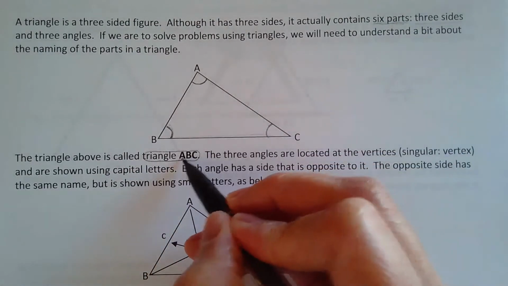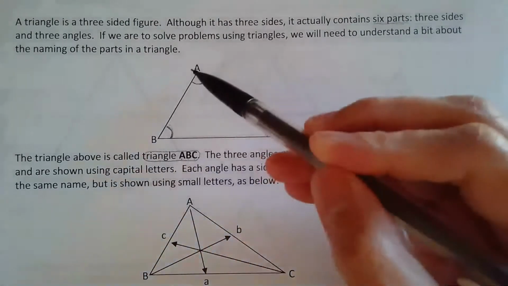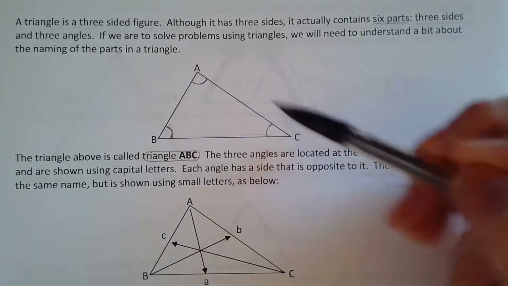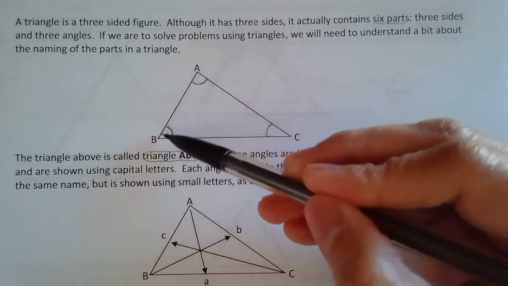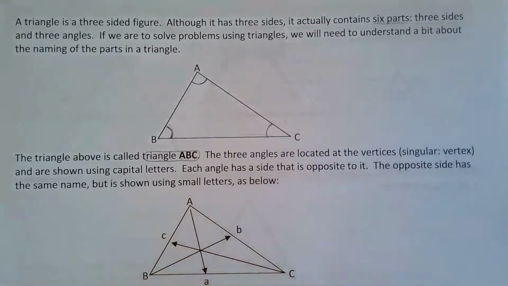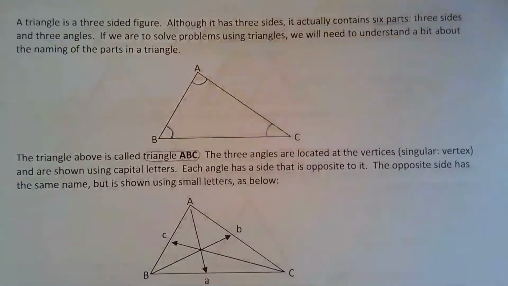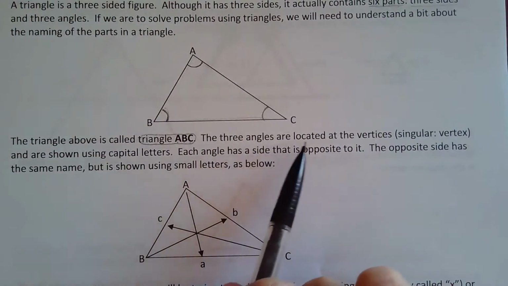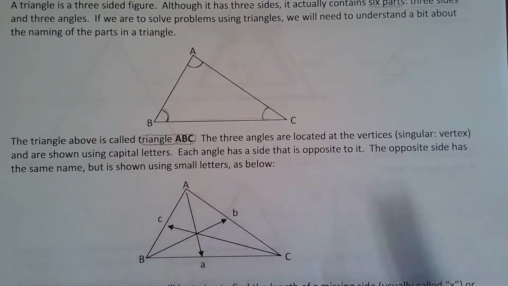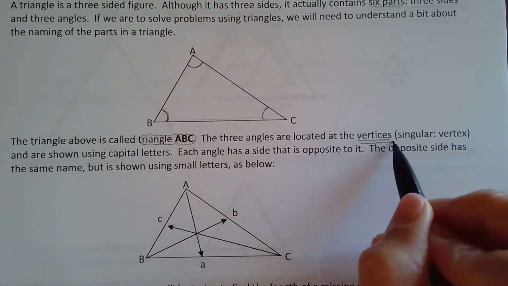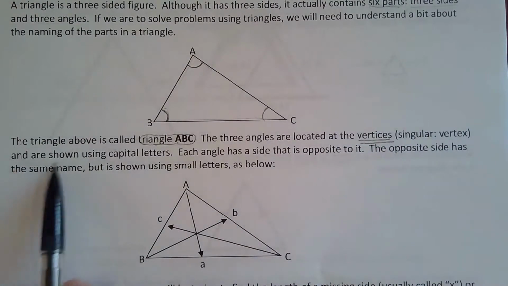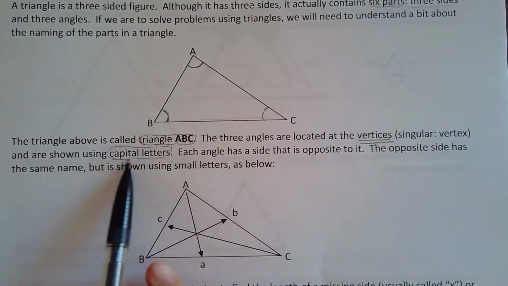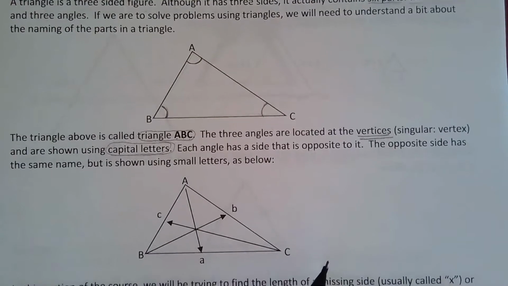A, B, C are the corner points, which are called vertices. Don't worry about that one right now. The 3 angles are located at the vertices, and are shown using capital letters, uppercase letters. You will see why in a second.